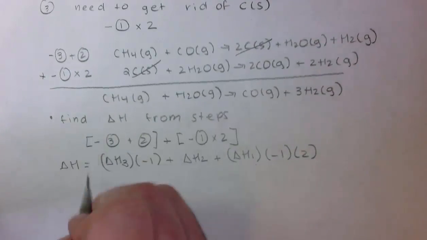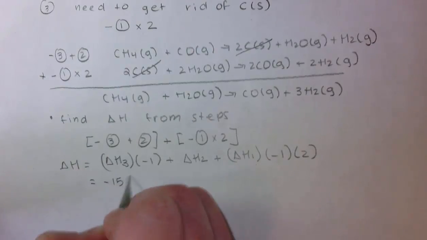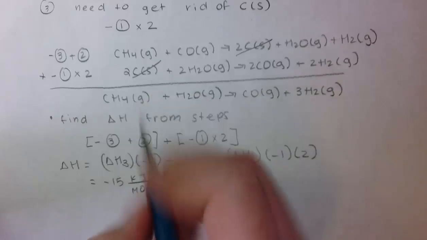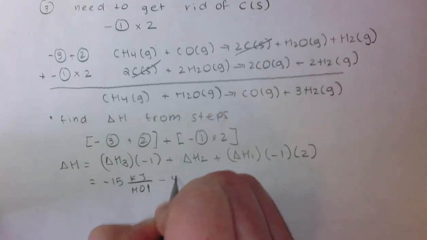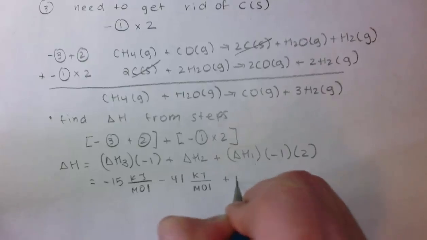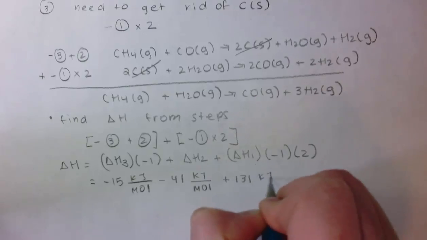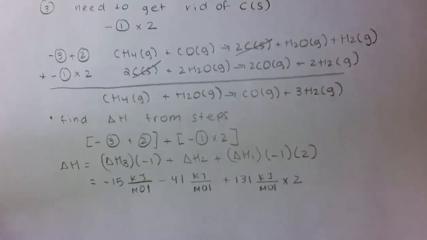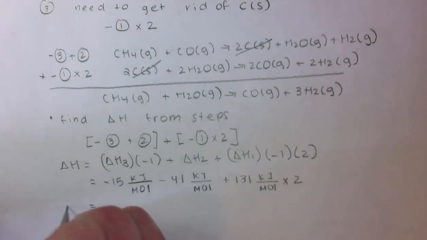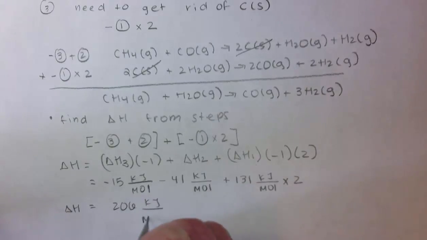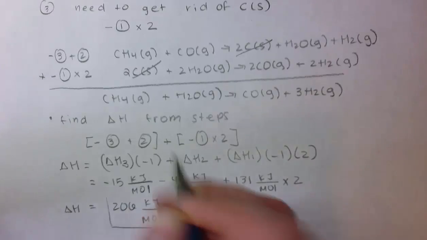Those values will look like this. And as a final answer, I get that our heat of reaction is 206 kilojoules per mole.